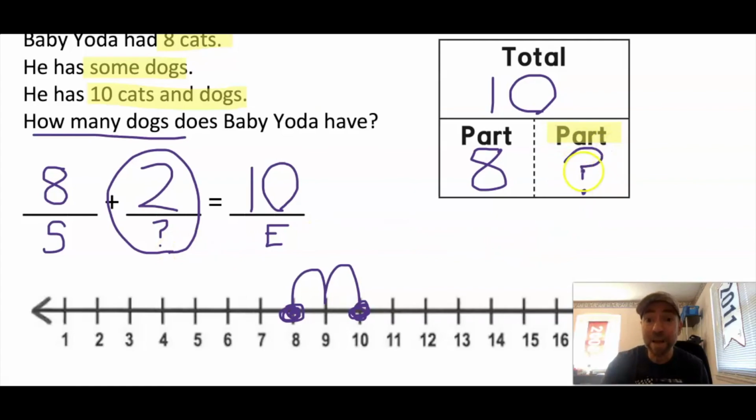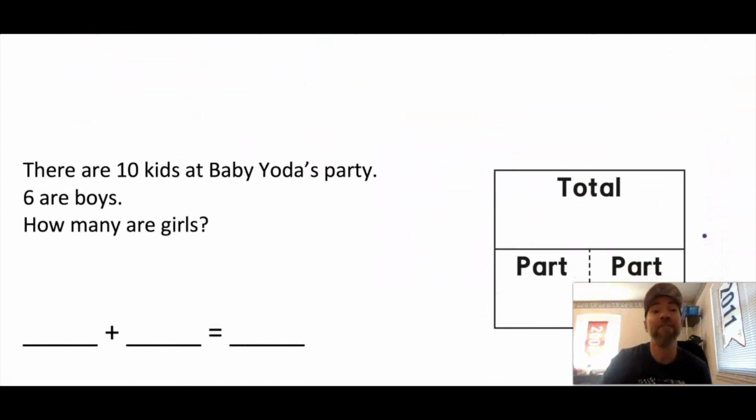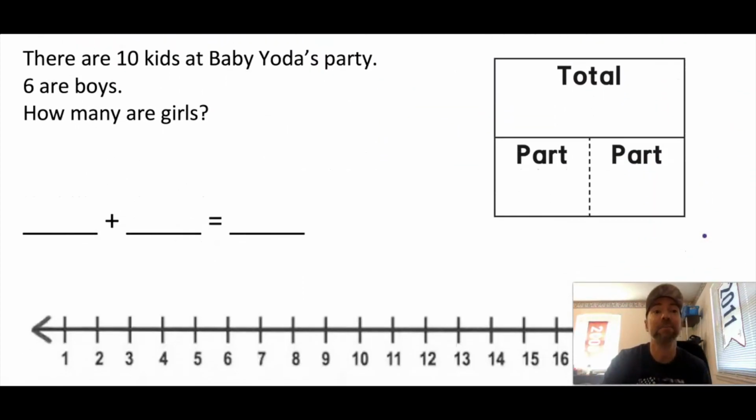That was the number we had to figure out. And the number that belongs here is the number 2. So that answers our question. Go ahead and clear off your sheet protector as we try our very last problem.